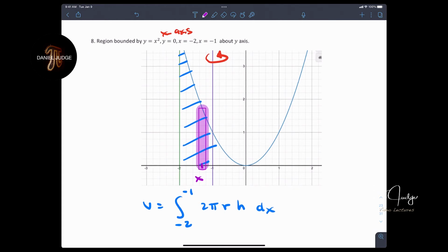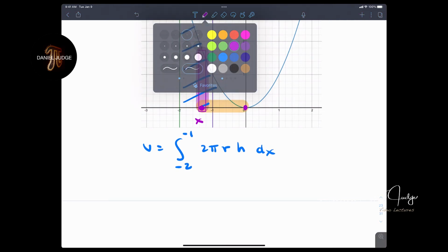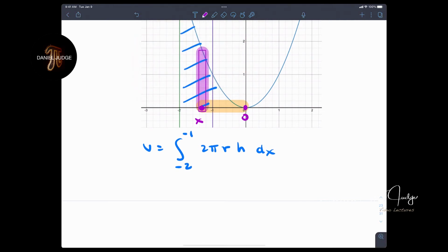So we want to kind of talk about this here a bit. Okay, we need a radius now. Notice this. This is an important thing. You get 0 and this point here. So let's kind of look at this in some detail. Let's keep our wits about us. This is an arbitrary x value, and this is where x is 0.